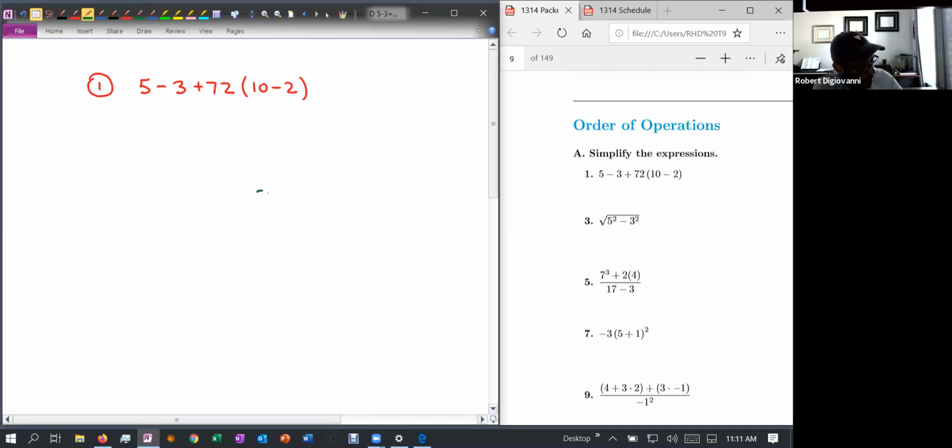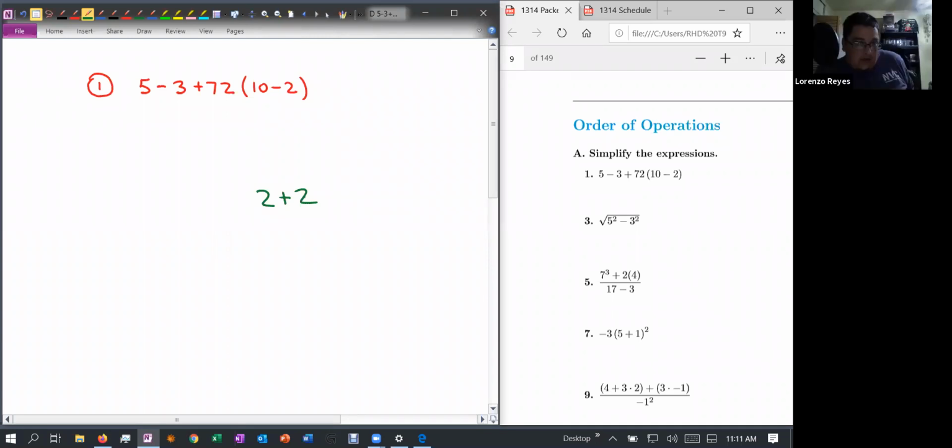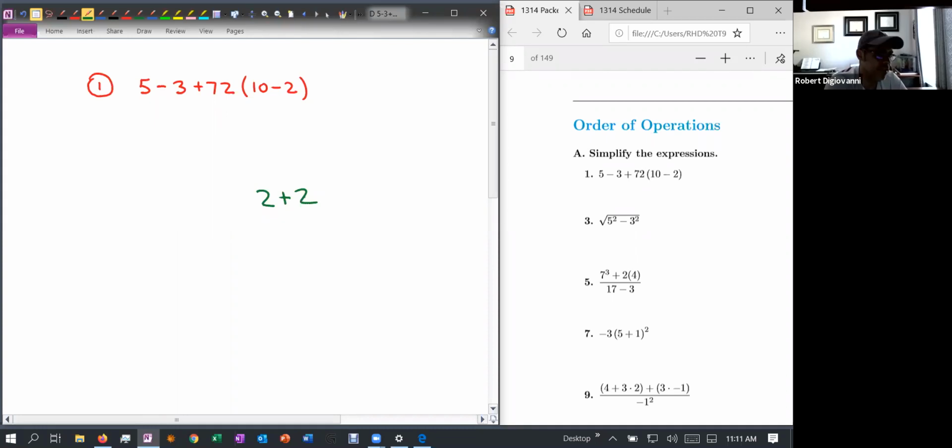It's like if I wrote 2 plus 2, what would be a simpler way of writing that? 4, right? So 2 plus 2 is 4, and that's what we're trying to do here. We're taking an expression and cleaning it up to make it easier to look at. We're not trying to solve for something, we're just rewriting it.